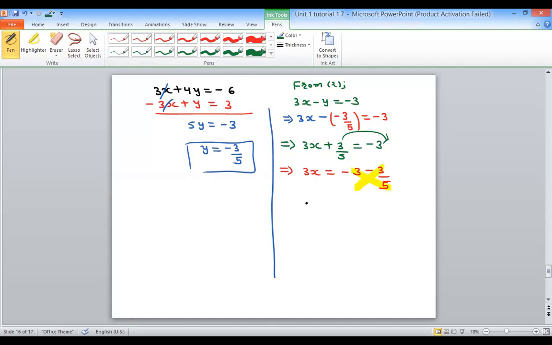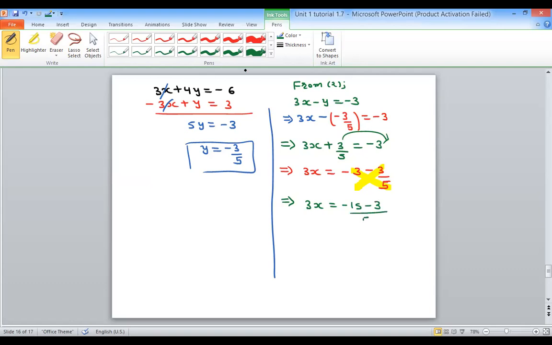What happened? 3x is equal to minus 15 minus 3 upon 5.